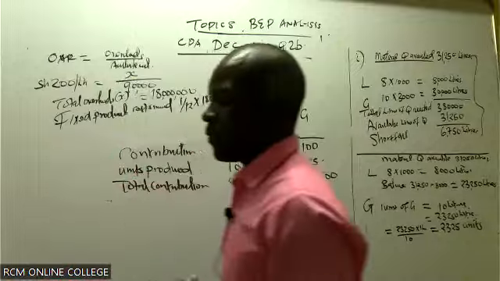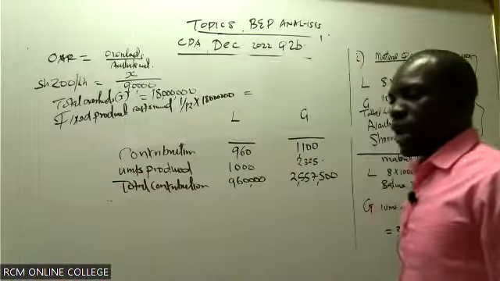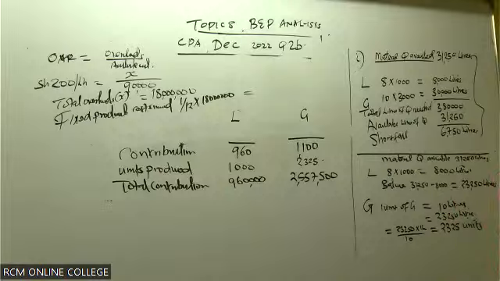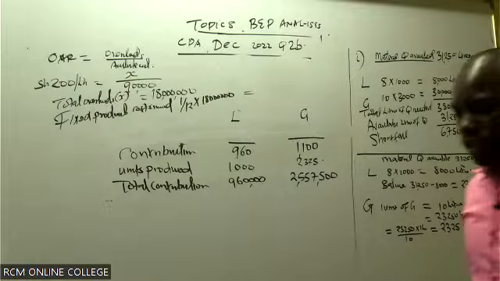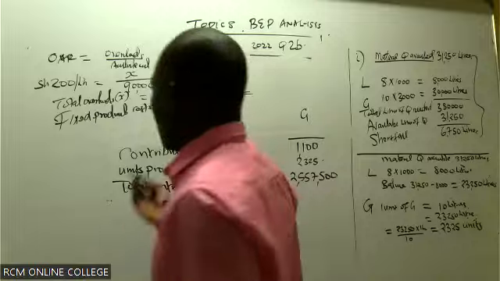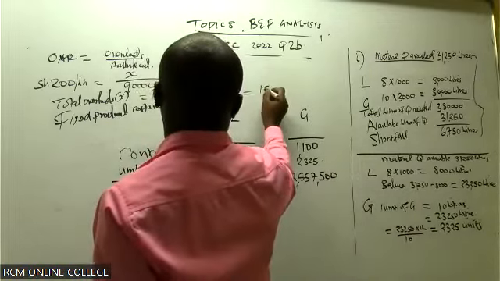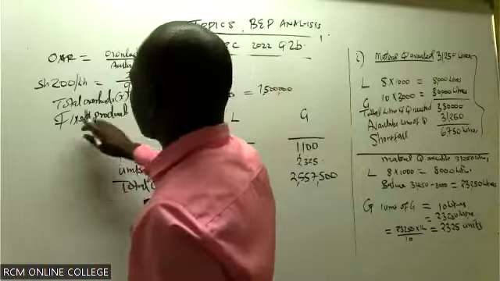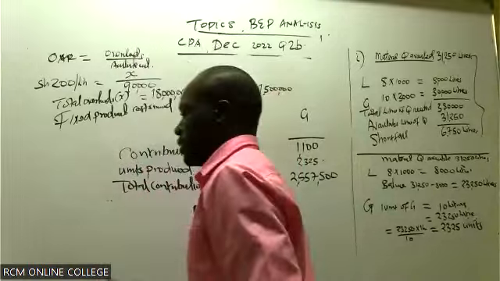How much does that give us? A 12th of 18 million. That is 1.5 million. That is the fixed production overheads.